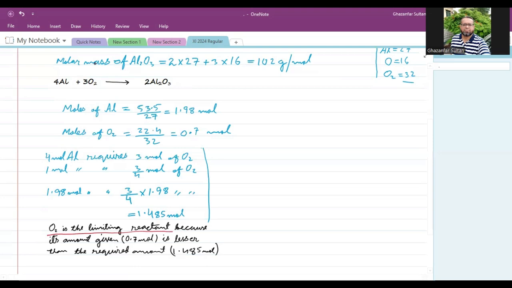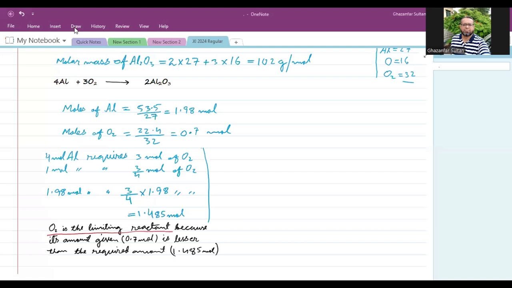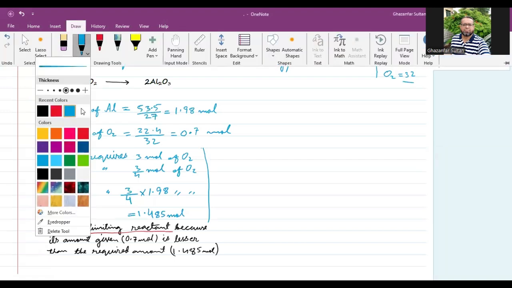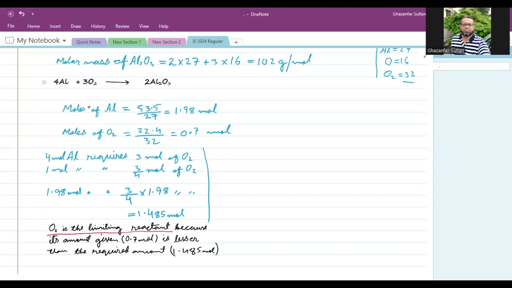Now see the other way. In the other way, you start with oxygen. See how much oxygen is given. From the balanced equation, you can see 3 mole of oxygen requires 4 mole of aluminum.